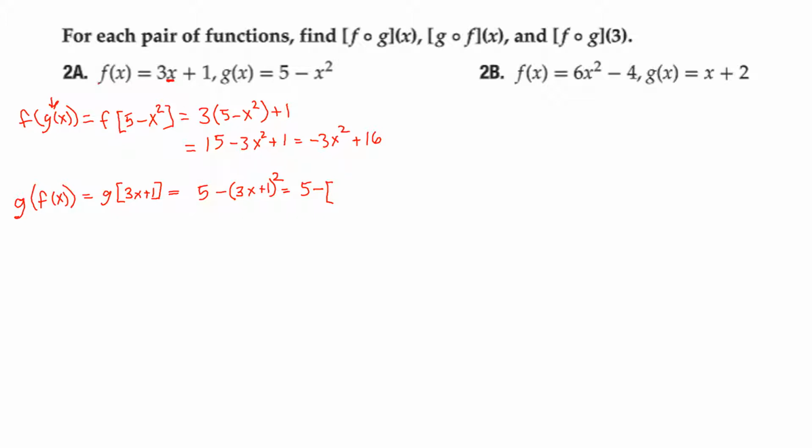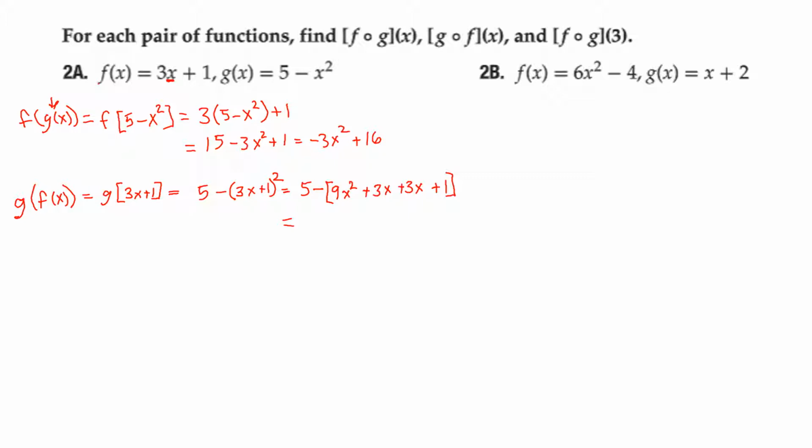So to FOIL this, I'm going to have this first term squared, which will be 9x squared. And then I have 3x times 1, and then 1 times 3x. So that's going to give me 3x and 3x. And then I'll have 1 times 1, which will give me 1.